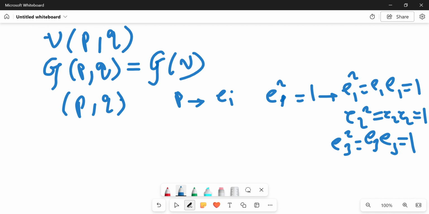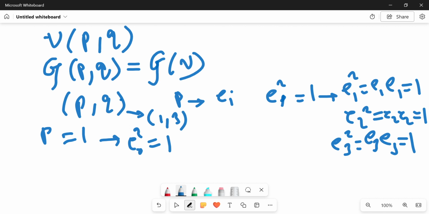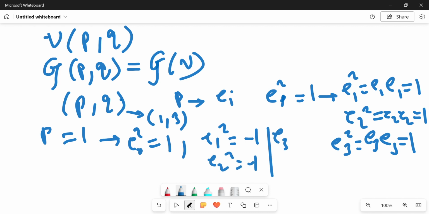Some of them use P equal 1, the signature 1, 3, meaning P equal 1, which means e0 square equals plus 1. e0 is the unit vector for time, and for space, all negative: e1 square is minus 1, e2 square is minus 1, e3 square equals minus 1.